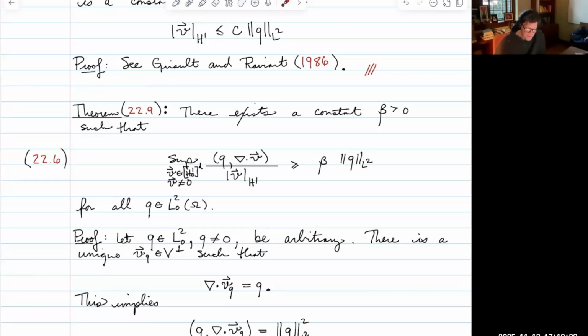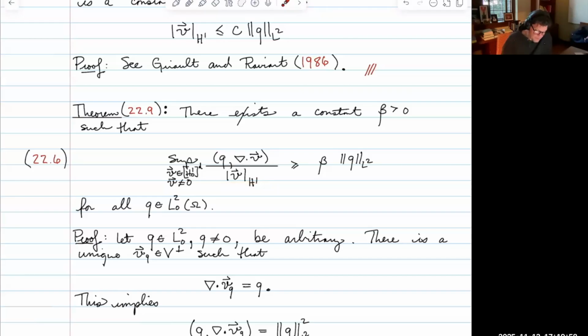There exists a constant beta greater than 0 such that, for the inf-sup condition, which is quite difficult to understand, the supremum of this quotient, which depends on v, gives us something completely independent of v.